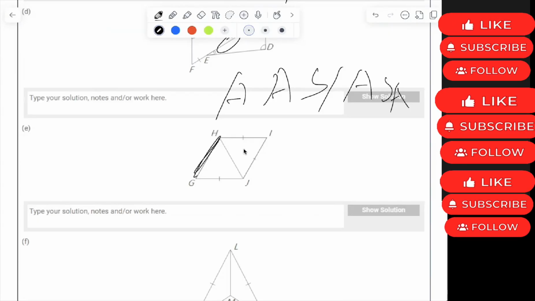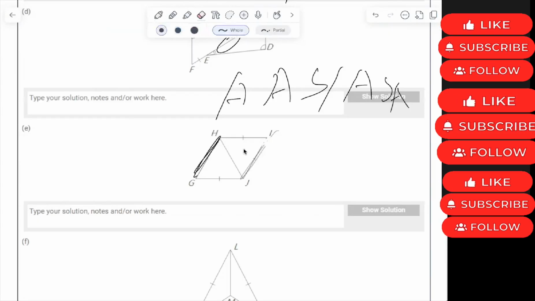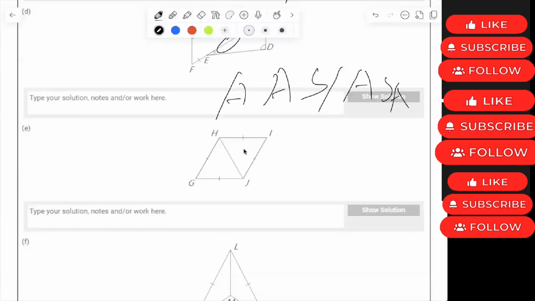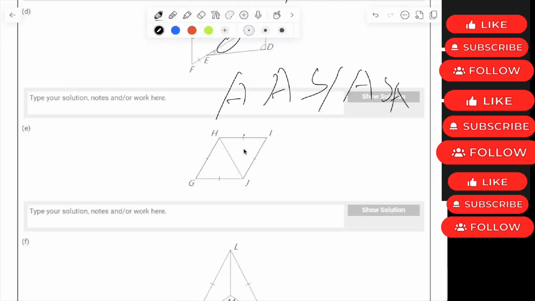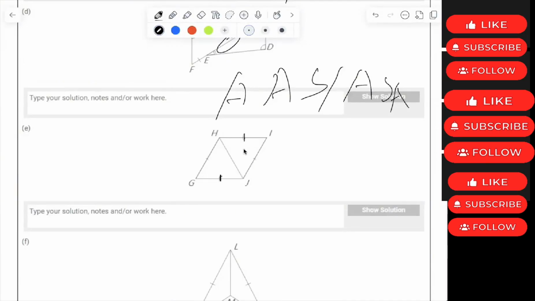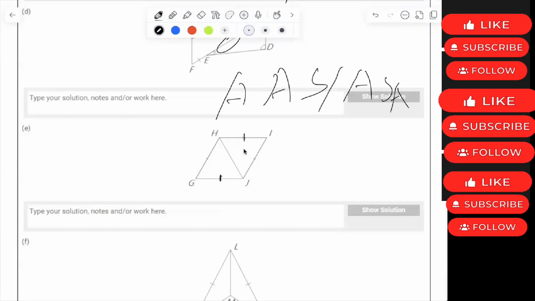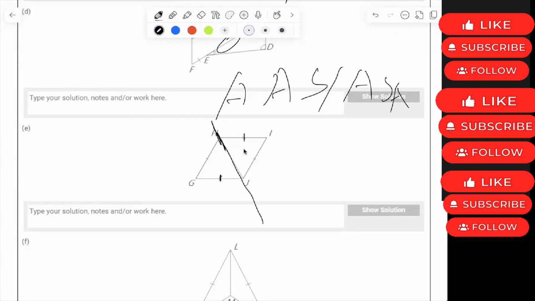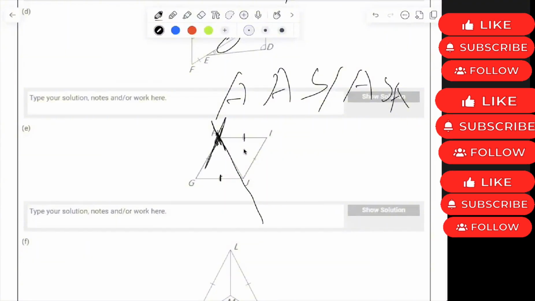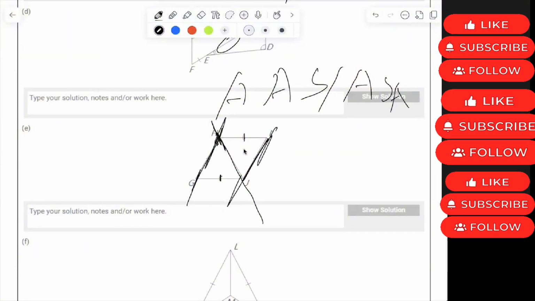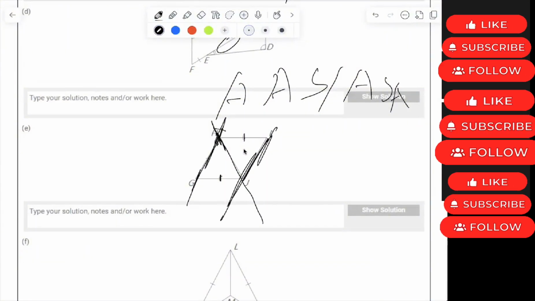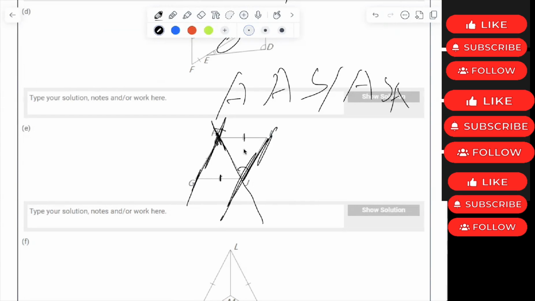You can prove it by SAS or some other way. These are parallel, right? Wait, hold up. Well, this is not parallel. Okay. So you have these two sides are equal, right? And we have these parallel lines, so this is the transversal. So this angle is equal to that angle, and this angle is equal to that angle.